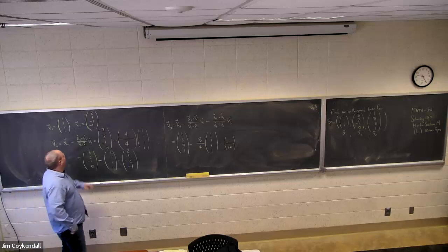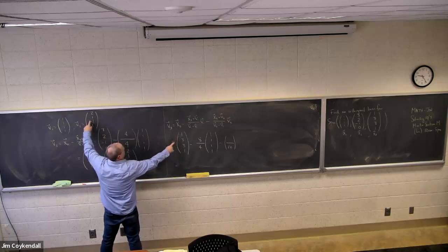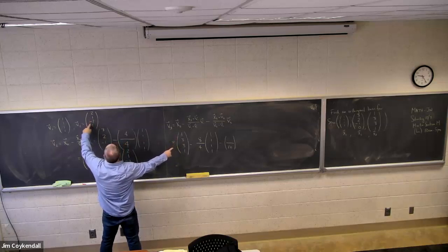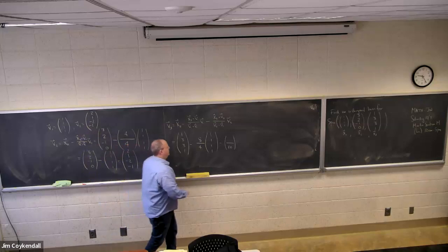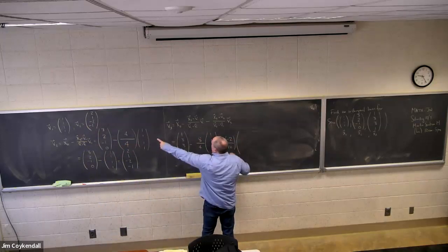I think that's what I get. V2 dotted with the X3 one is going to be 2 and 3 is 5, minus 6 is minus 1, so it's minus 2. Over V2 dot V2, which is 2, 1, minus 2, minus 1.